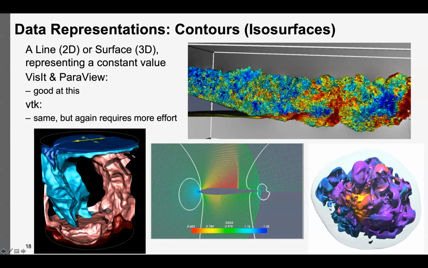While over on the right, this is a single isosurface, a single value for the surface, but then we're coloring that surface by a second variable within that data set. So there are ways of combining these to represent multiple values with a single representation.